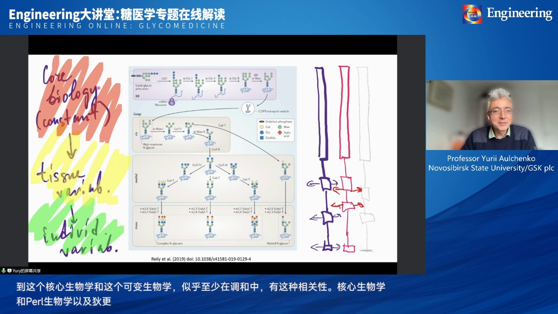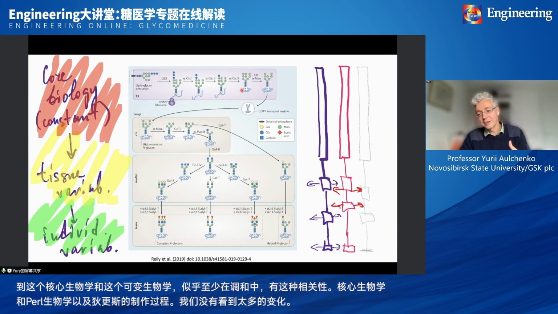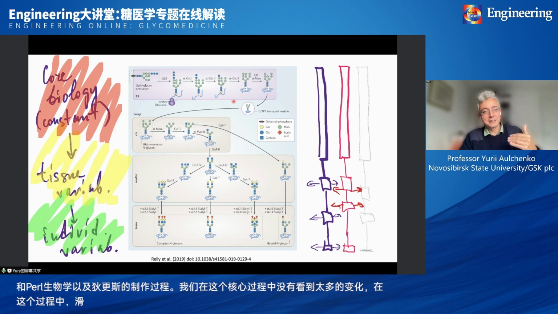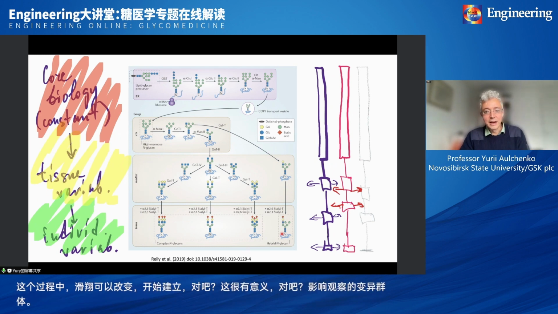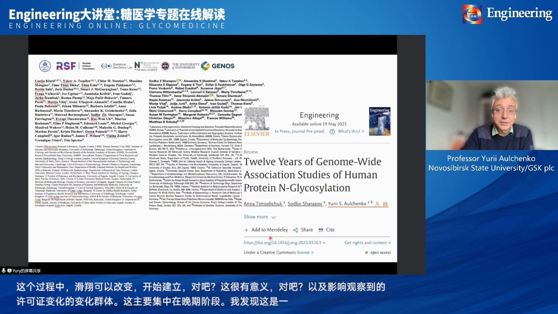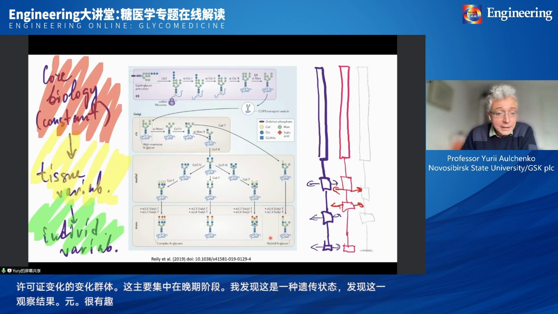So we don't see much variation in the core process where the glycan chains start building up, right? And this makes a lot of sense, right? The population variation affecting the observed variation of glycans is mostly concentrated at the terminal stages. And as a geneticist, I find this observation very interesting. With that, I finish my presentation, and thank you very much for your attention.